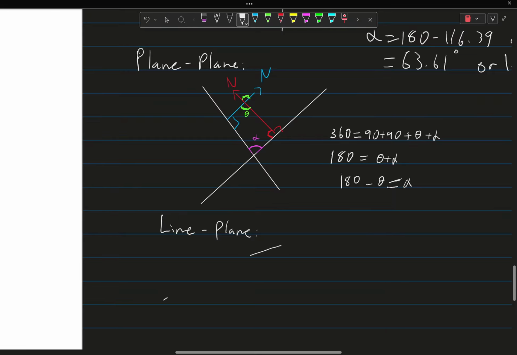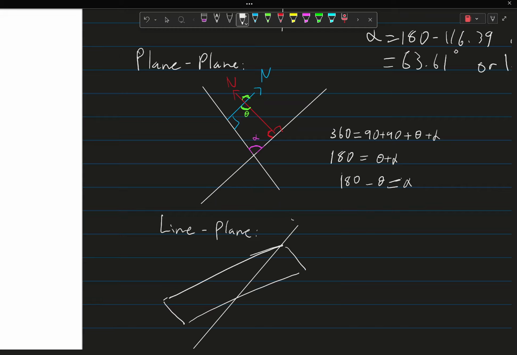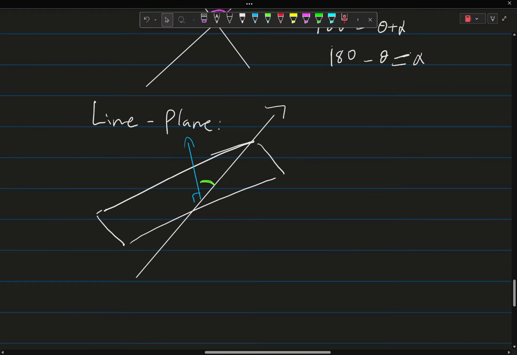We have a line, and then we have the normal. The angle between those won't give us the angle we want, because you have to subtract 90, since that's a big old right angle.